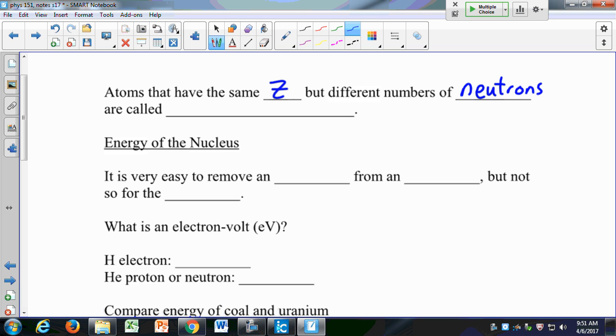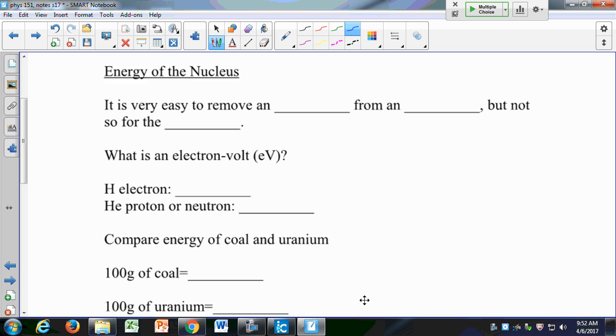What do you call that if they have different numbers of electrons? Okay, yeah, you call them ions, but these we're going to call nuclear isotopes. So these are called nuclear isotopes. Right, so if they have different numbers of protons and neutrons, then we get different isotopes of the same atom. All right, so it's pretty easy to remove an electron from an atom, but not so for the nucleus.